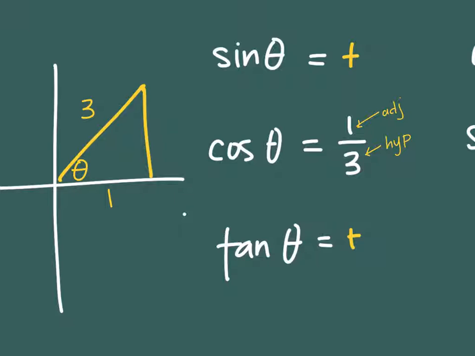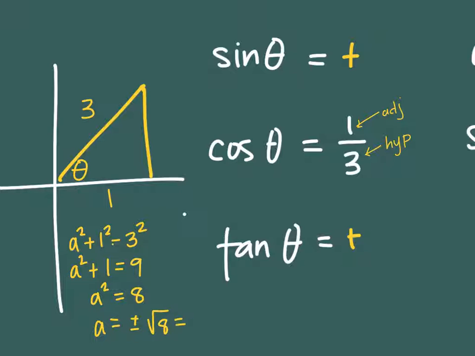So then again, I'll do a little Pythagorean theorem work to help me figure out what the missing a value is. So it'll be a squared plus 1 squared equals 3 squared. That's a squared plus 1 equals 9. So a squared is 8. So a is the plus or minus square root of 8, which simplifies to be the plus or minus 2 rad 2.